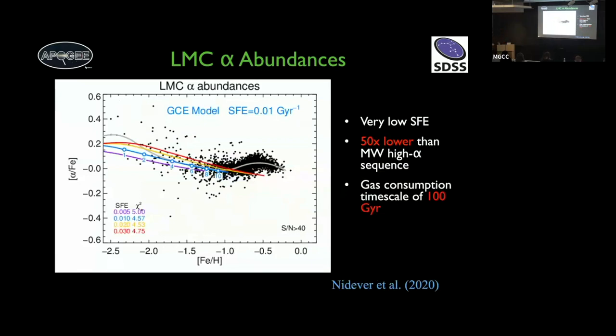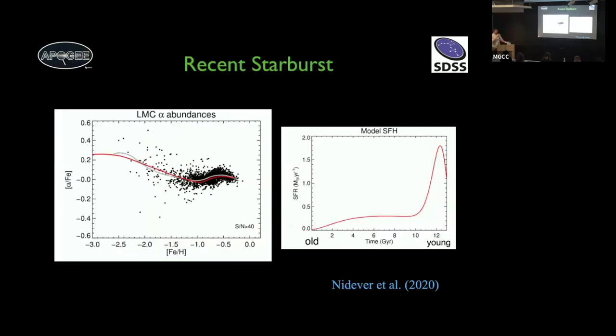You can see that it's hard to match it exactly, but we also found that the star formation rate was very, very low in the LMC compared to the Milky Way, about 50 times lower. And even the chemical evolution models couldn't match the very metal-rich part. So in order to match that, we needed to add in a burst in the star formation history. And then the red line you can see matches it pretty well.